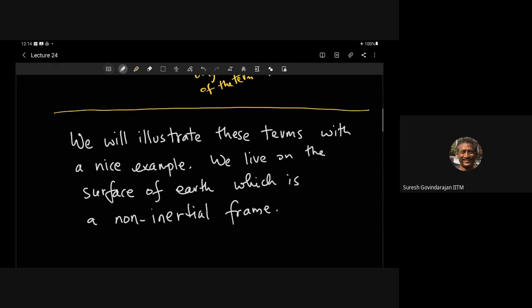Why is Earth a non-inertial frame? Because there is a pseudo force. Earth is rotating.